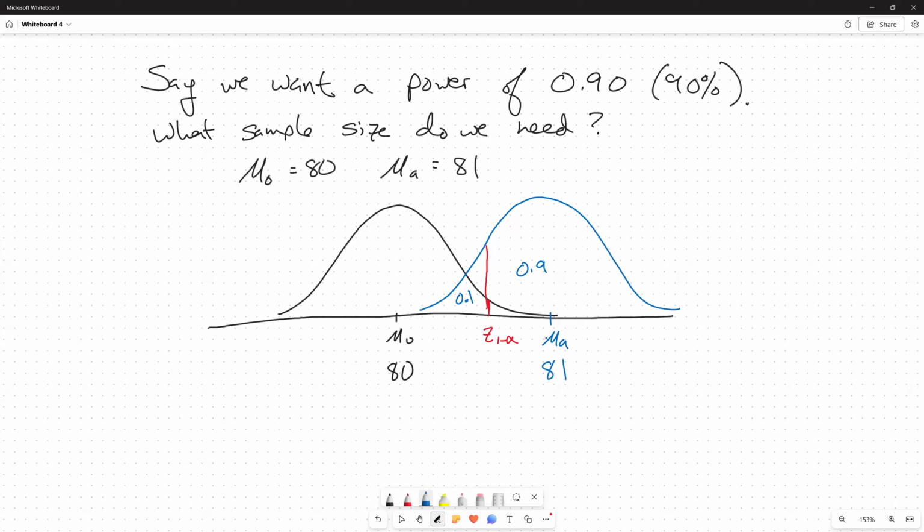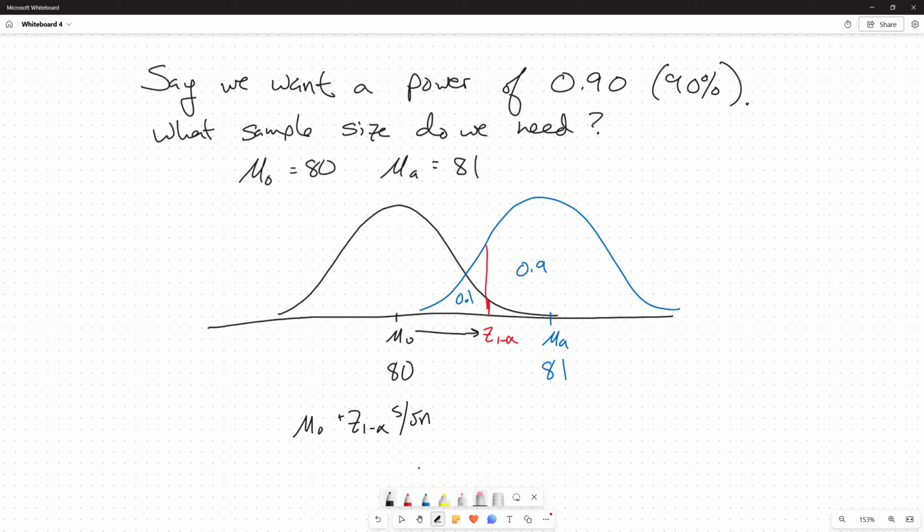Okay, so I'll write this out as follows. We're going to have mu naught plus z 1 minus alpha times s over square root of n. That gets us to here, right? From that point, from that location. So that's going to be the z alpha, and it's going to be in terms of parts per thousand.